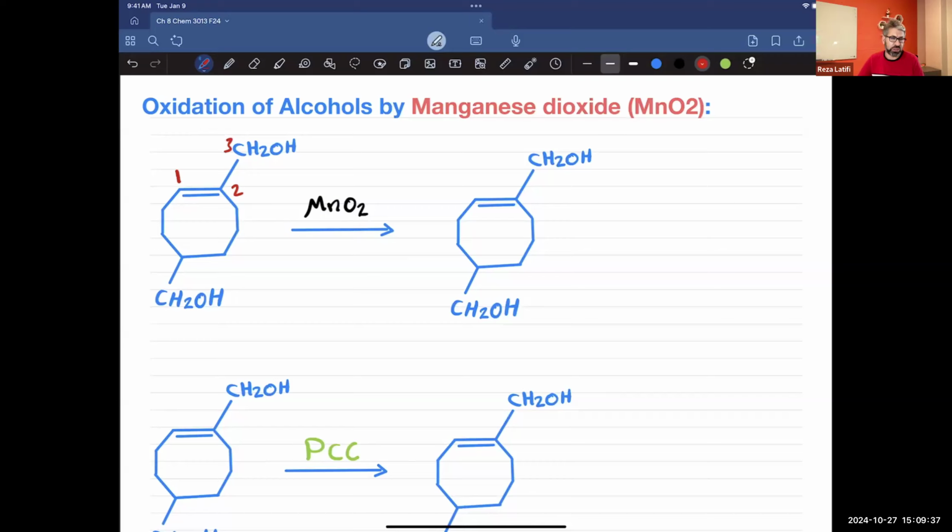That OH, technically, you can say is an allylic alcohol because it's conjugate with a double bond. And what's going to happen to it is it will turn to aldehyde. So we will get hydrogen, and then here, double bond with oxygen. But that one stays as it is. Nothing will happen to it.